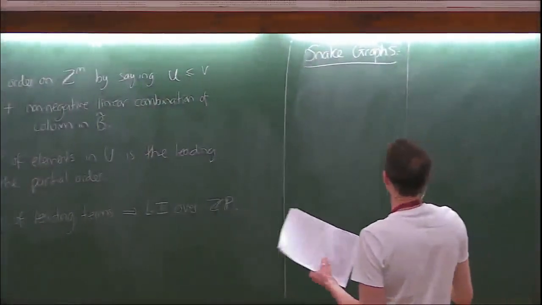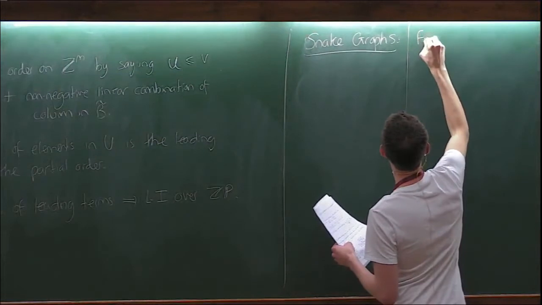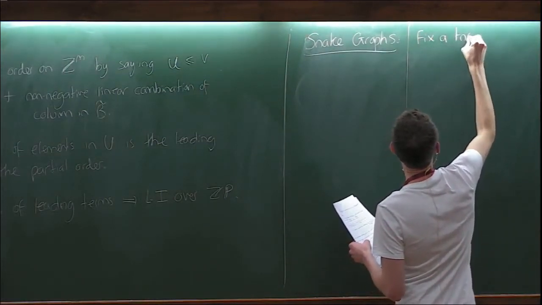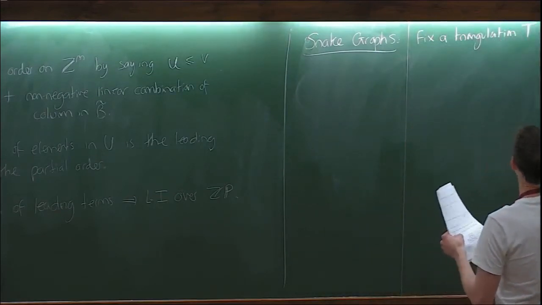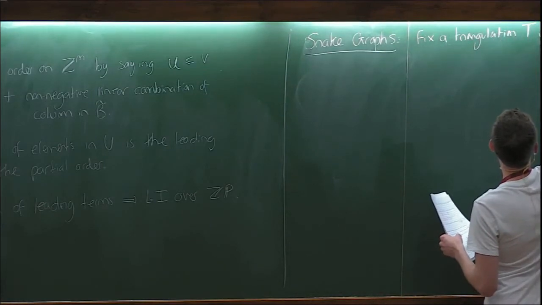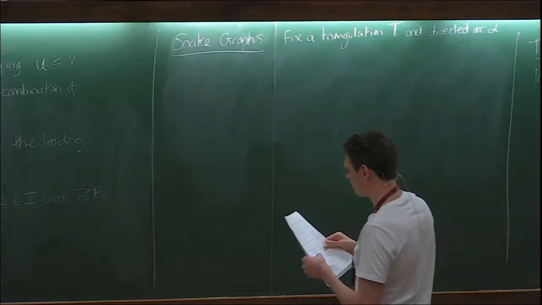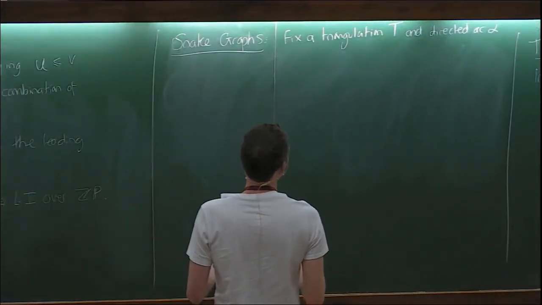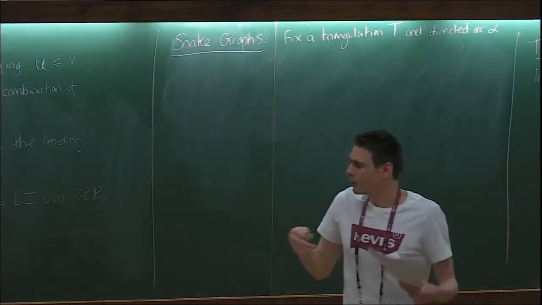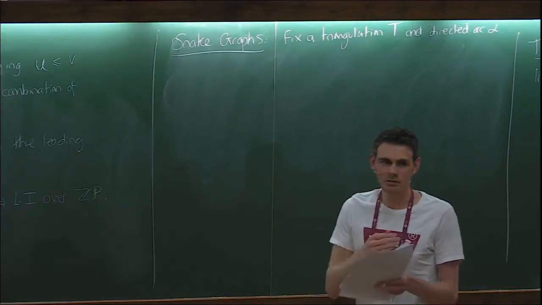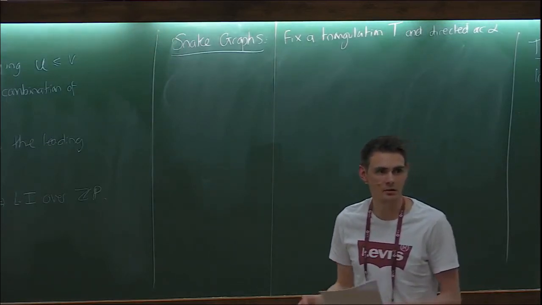So it's very similar to what we have seen before, in that we're going to fix the triangulation. Fix the triangulation T and a directed arc alpha. We're using the notation that we've seen before in terms of ordering these intersection points, naming them P1 up to Pd if there are d intersections.